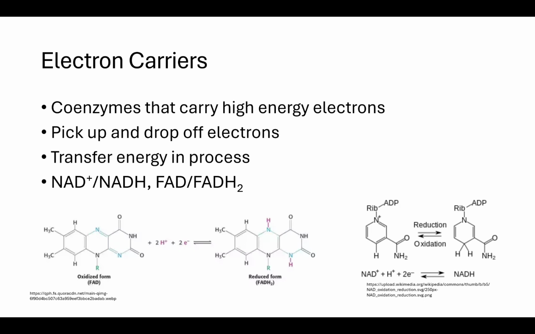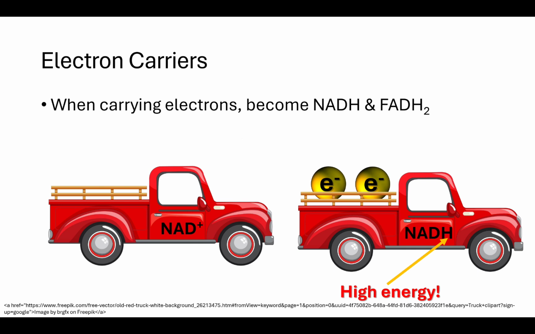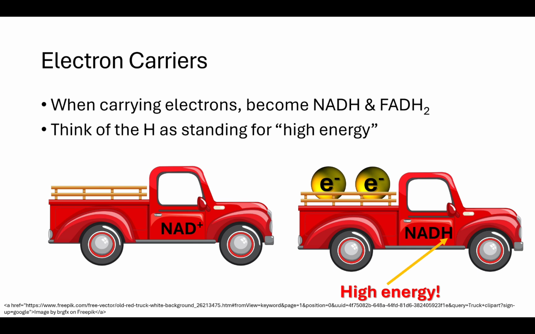One where they do have energy and they're carrying the high energy electrons, and one where they do not have energy and they are not carrying the high energy electrons. In general, I think of the H in those molecules as standing for high energy, so that way I can remember which form has energy, which form doesn't. And by the way, you don't need to know anything about the structure of these molecules. I just included the pictures on the previous slide because I like to have lots of images.